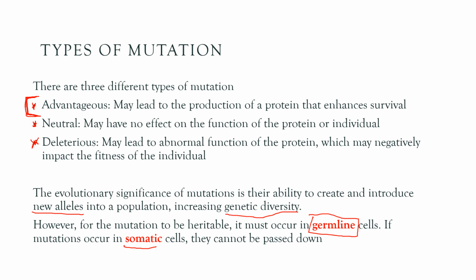Whereas if there's a mutation in a germline cell, which are the cells like sperm and egg that produce offspring, then that mutation is going to be inherited, and that's how we start to see changes in allele frequencies and in characteristics as well. So mutation is the main driver of this genetic diversity and natural selection.